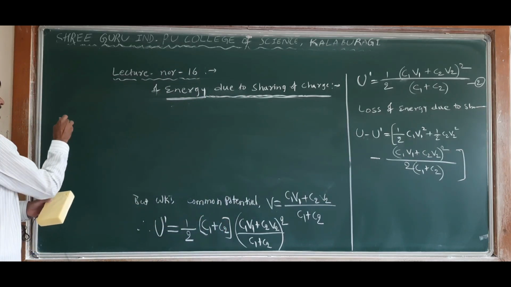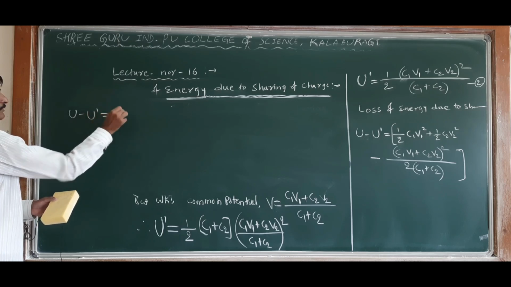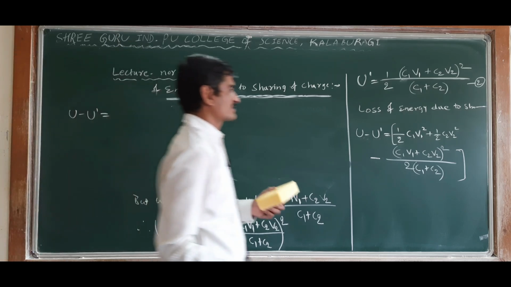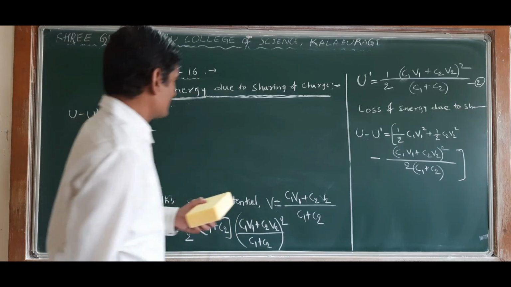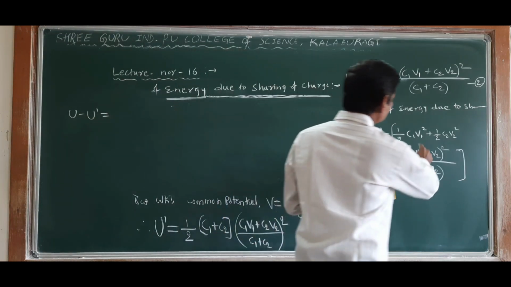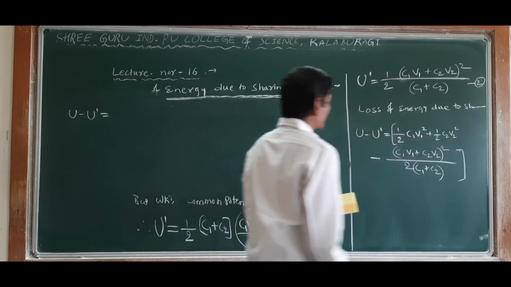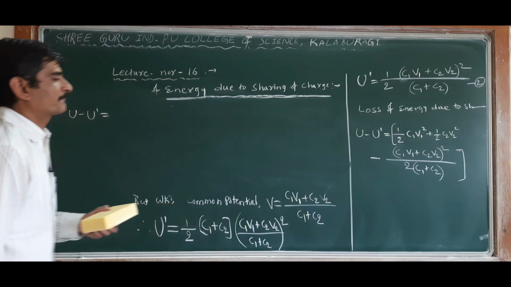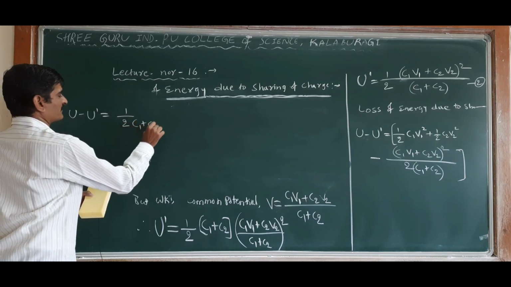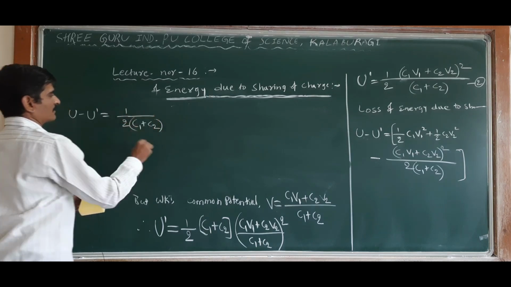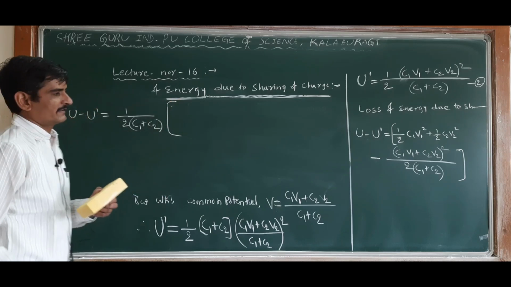So U minus U dash is equal to this one. Take 1 by 2 (C1 plus C2) as common. That will become very easy.